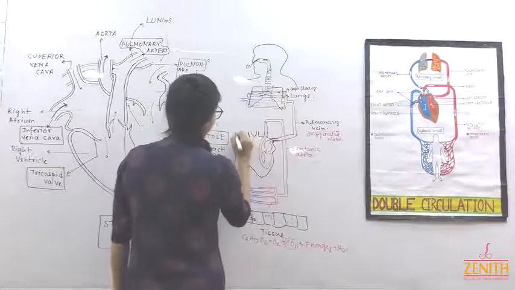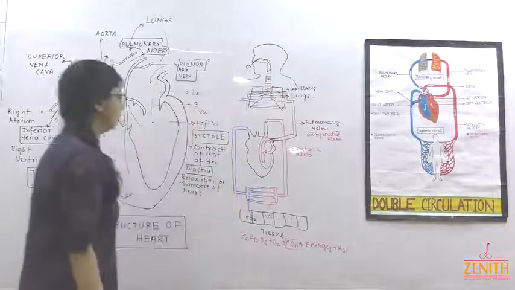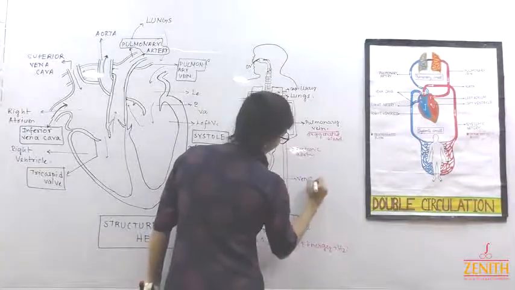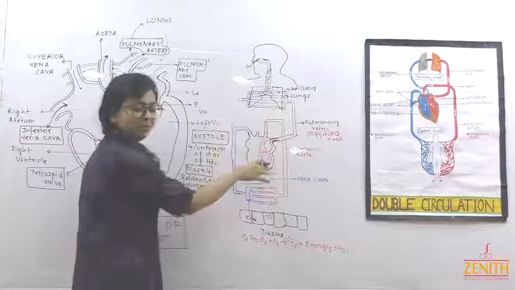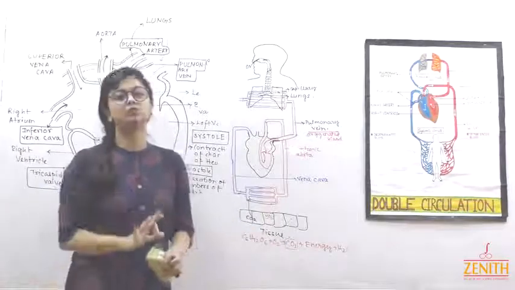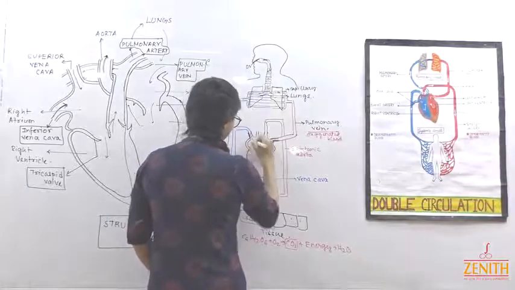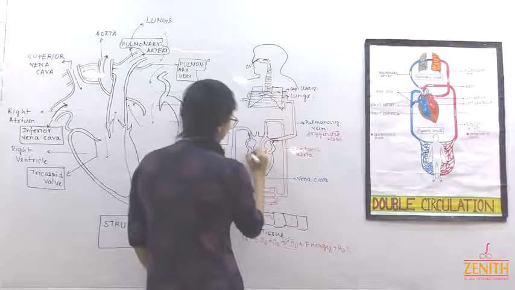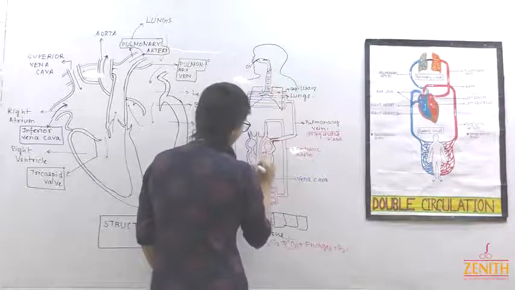What are the names of these veins? The superior and the inferior vena cava that we have studied previously. So we can write these are the vena cava, which carry the deoxygenated blood, the blood which is very poor in oxygen and contains a huge amount of CO2. Deoxygenated blood gradually enters at first the right atrium. Then we know that between the right atrium and right ventricle there are the tricuspid valves.